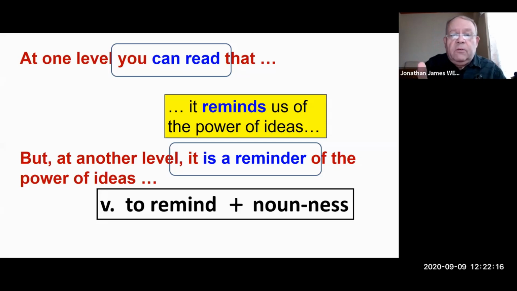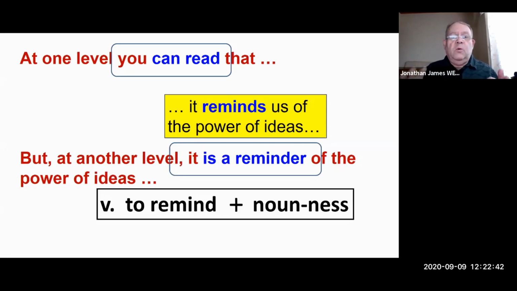He gives that verb the quality of nounness. He turns it into a thing. It makes it concrete. It makes it real. It gives it substance. And he's saying that it is this. There's no qualification here. It's not a possibility. It is.